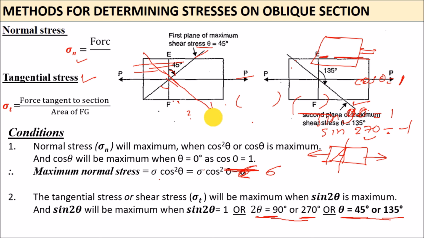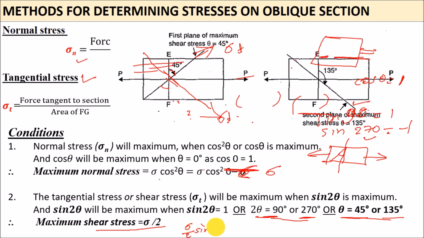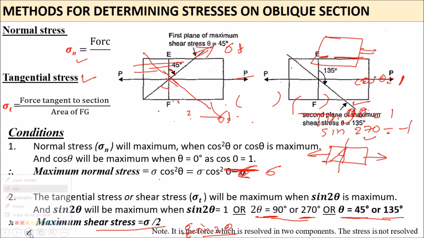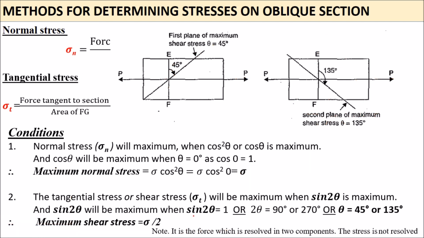Okay, along this side or along this side, sigma t will be maximum, and maximum value will be sigma by 2, because we know that sigma by 2 sin 2 theta, so sin 2 theta will be 1, so sigma by 2 is the maximum value. Note down, we cannot resolve stress in two components, only force can be resolved in two components.